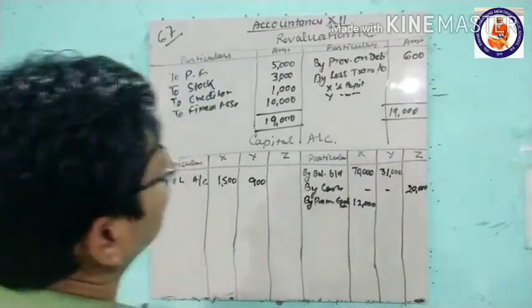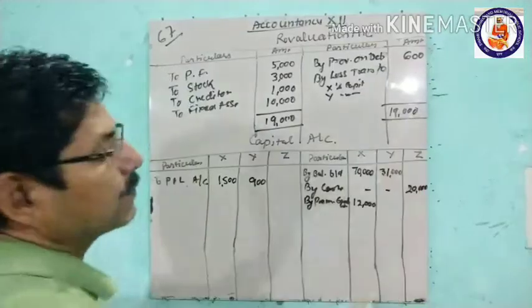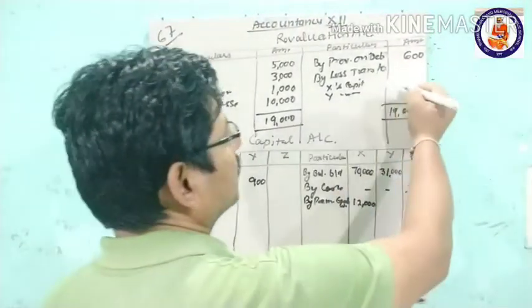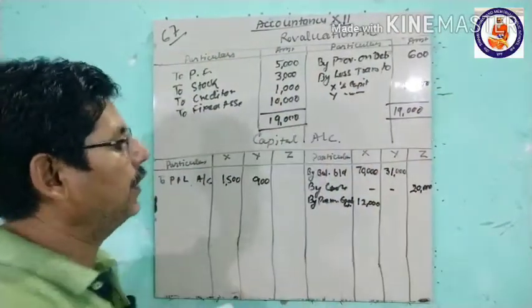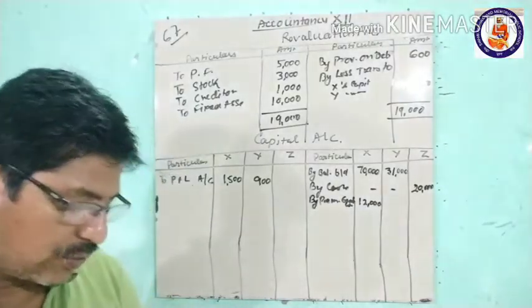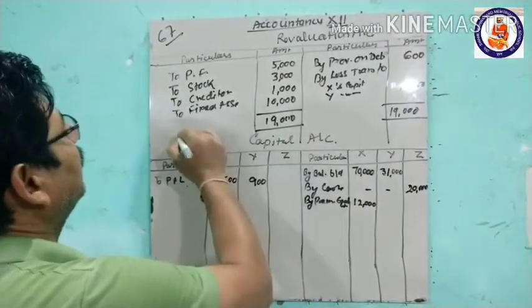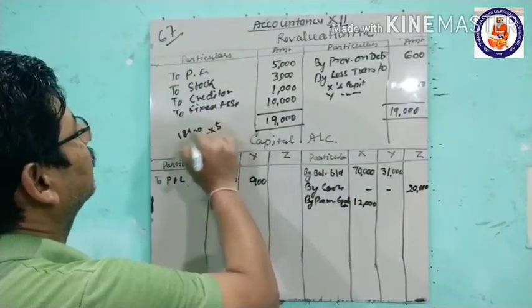So how much it comes? So it is balances total how much? 19,000. If we subtract this 600, 18,400 it comes. And it will be divided in the ratio in which they used to divide, 5:3. So 5:3, 18,400 divided by 8 into 5.